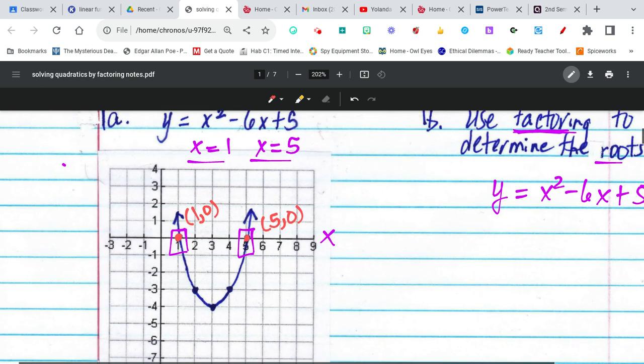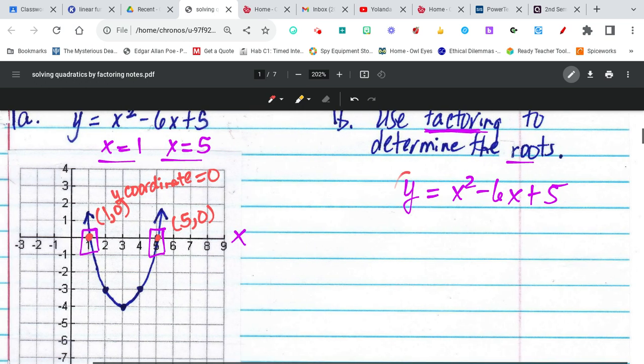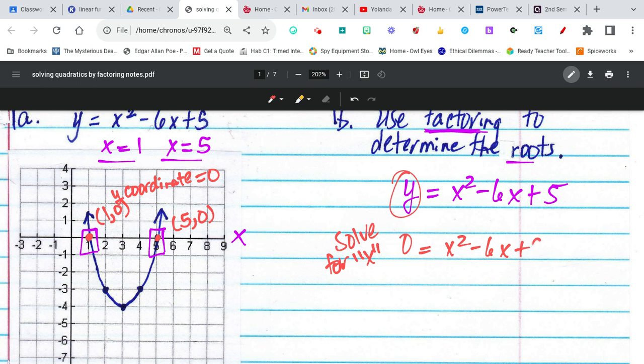This has an x of 5, but the y is also 0. So basically, guys, you can find any x-intercept when your y coordinate equals 0. So what I'm going to do is take this y and set it equal to 0, and then solve for x by factoring.